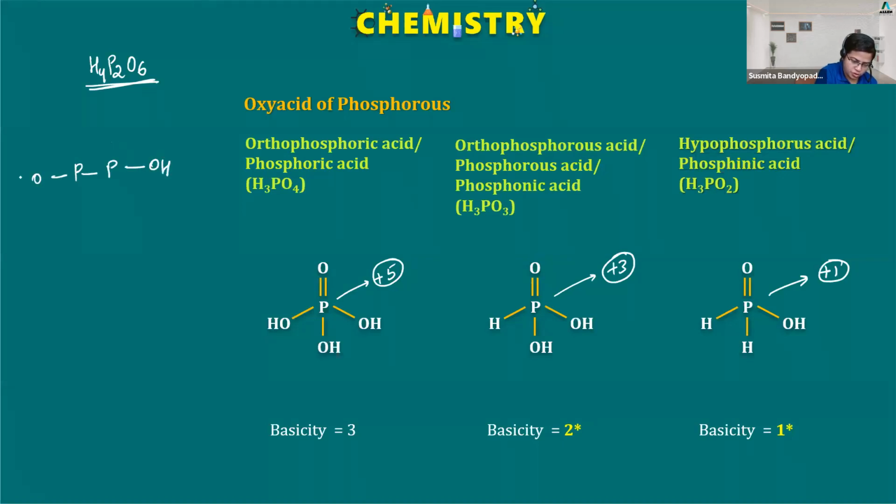OH, OH, OH, OH, O, O. Yes. So P should be +4 each. Oxidation number is always calculated per atom. So the oxidation number will be +4. And this will be the structure.